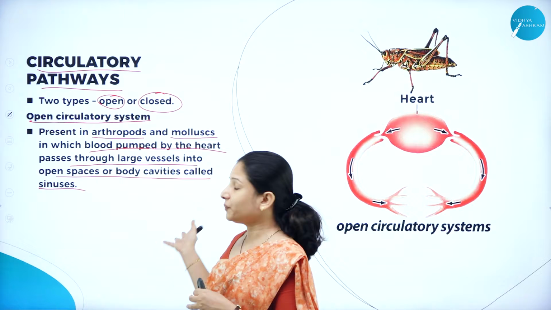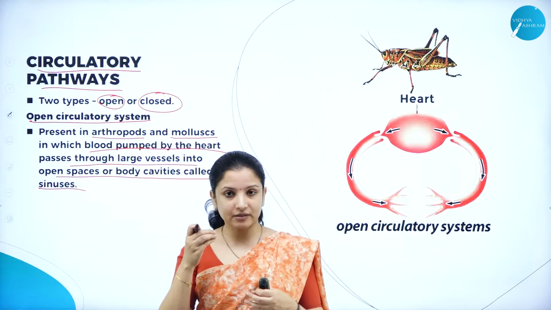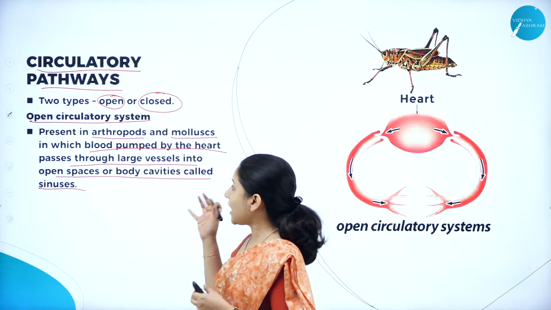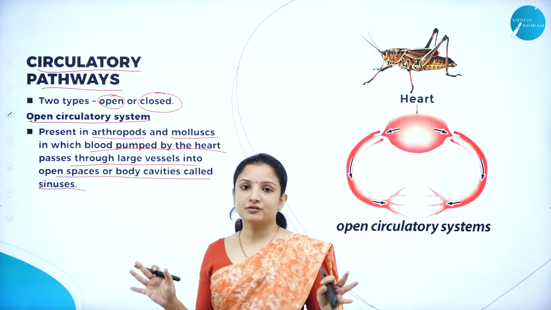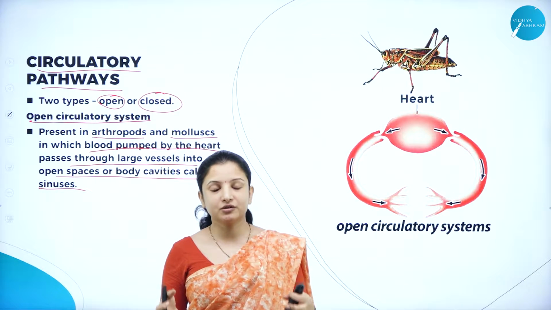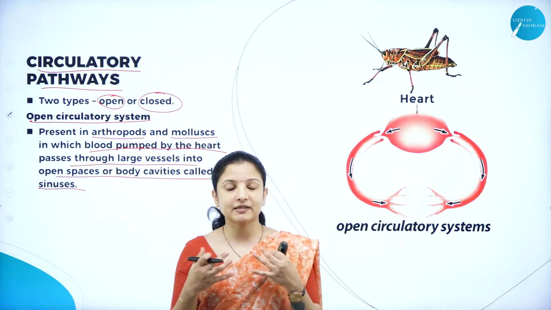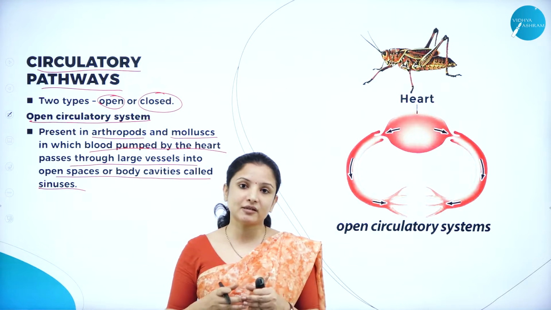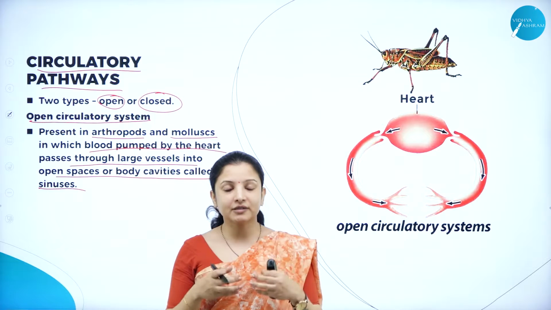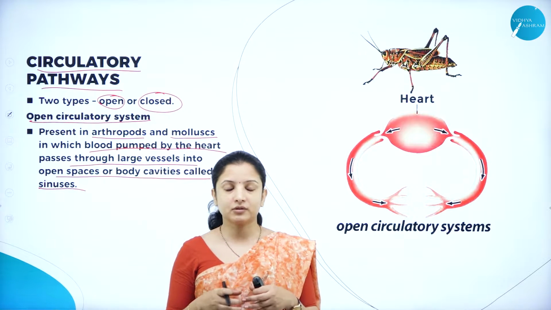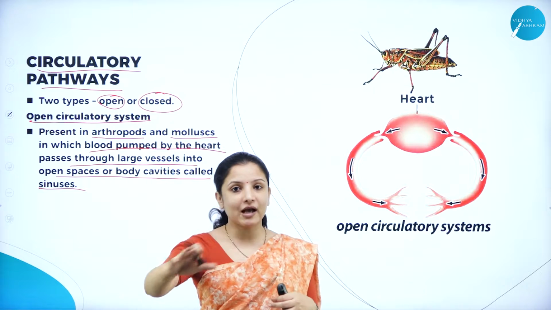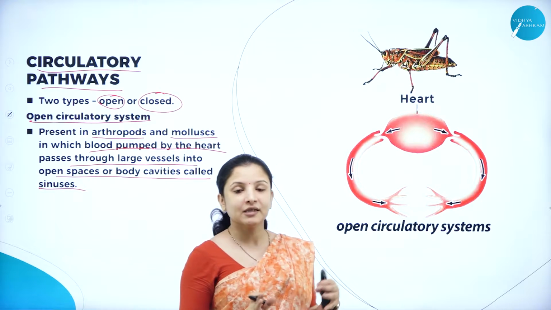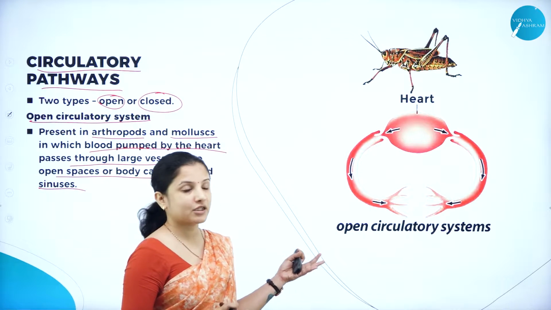But in the case of the open circulatory system, the blood is carried through large blood vessels and these blood vessels directly pass the blood into the organs. Therefore, the organs in the body entirely bathe in blood. In our body, do the organs entirely bathe in blood? No, right? Because particular channels or particular veins carry the blood to particular organs. That is not the case in the open circulatory system.